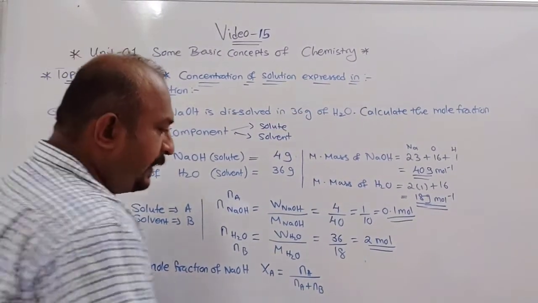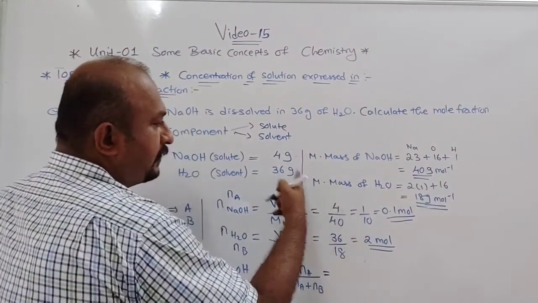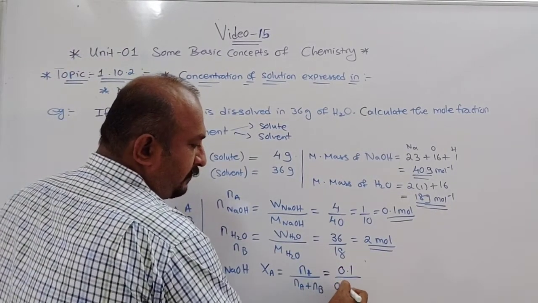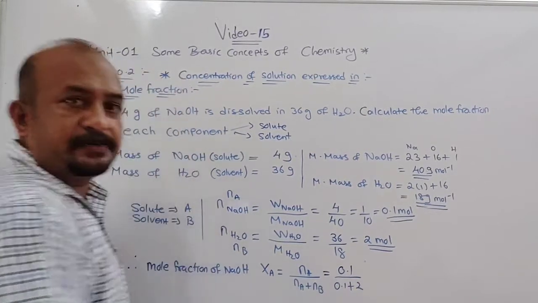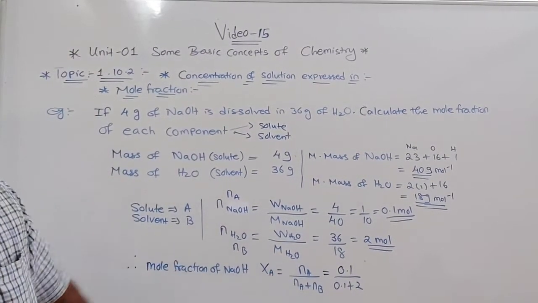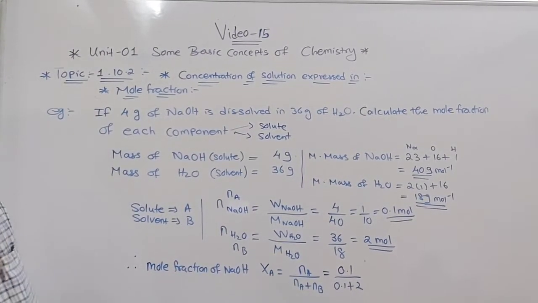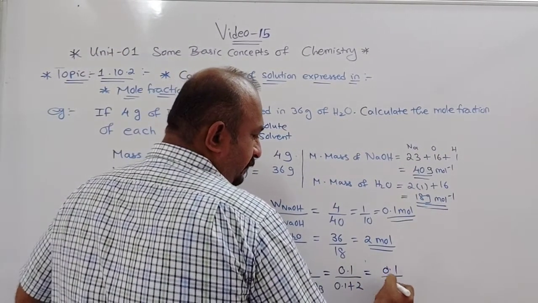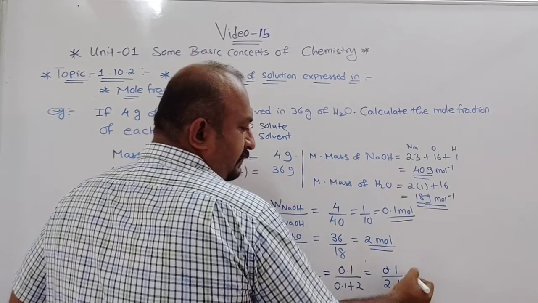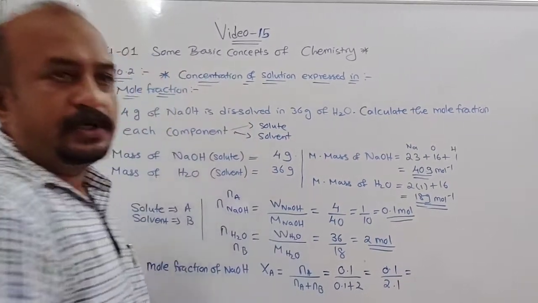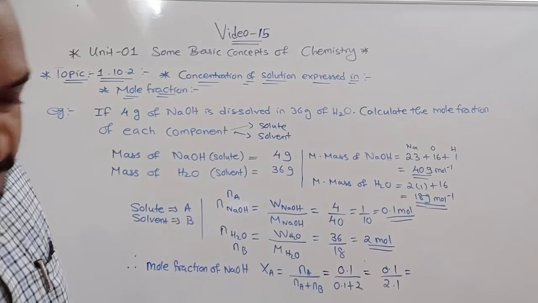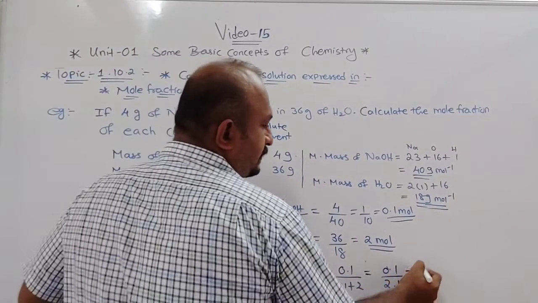So Na is 0.1 divided by 0.1 plus 2, which is 0.1 divided by 2.1, and that is equal to 0.047 for NaOH.